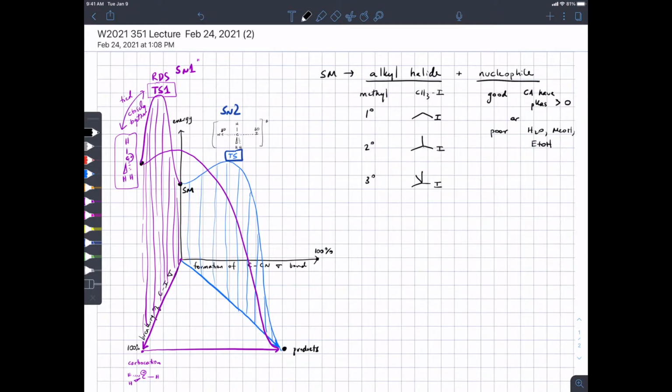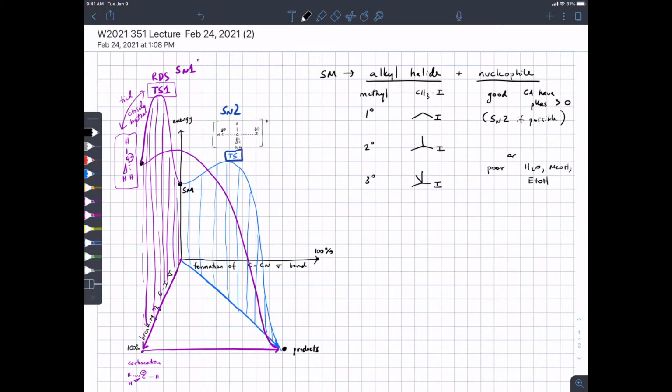Good nucleophiles will tend to favor SN2. They're reactive enough that they don't want to wait around for the leaving group to leave. Poor nucleophiles are not strong enough to attack via SN2. Okay, so I guess we could note here, good nucleophiles will go SN2 if possible.